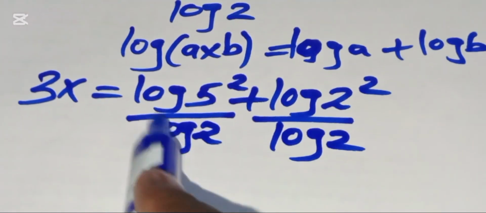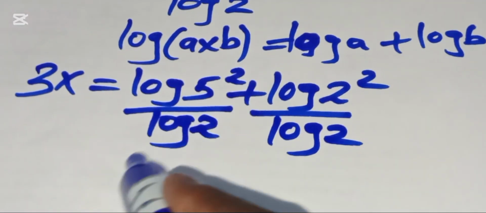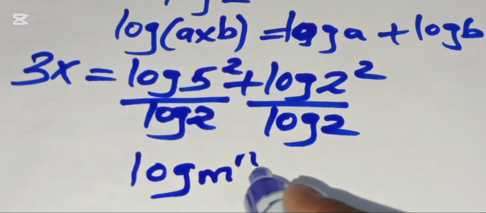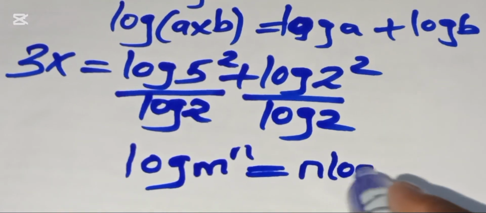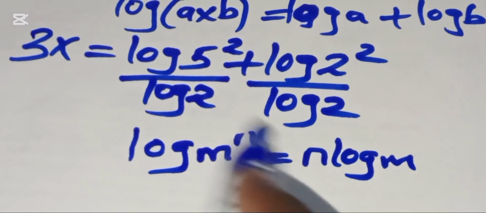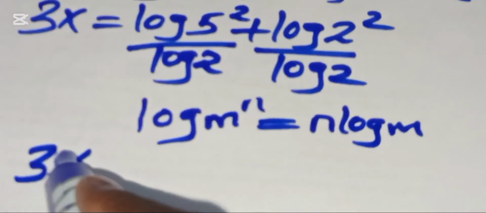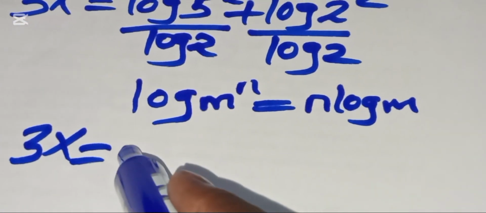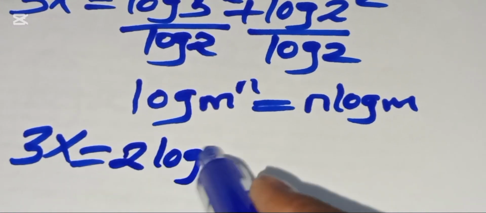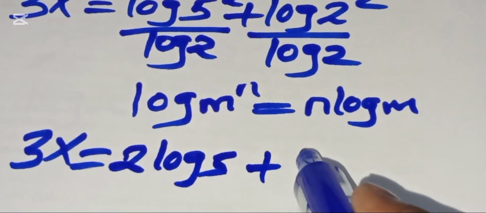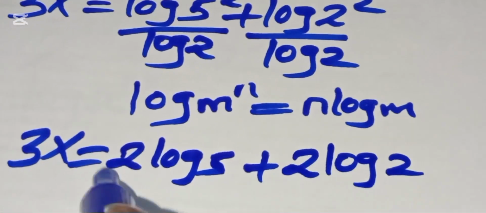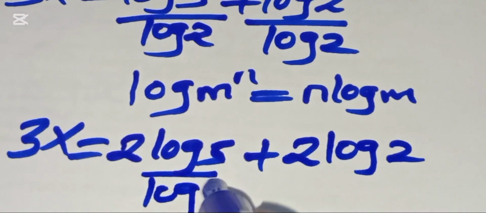Now, log 5 squared, applying the power rule property, log m raised to power n can be expressed as n log m. Let's apply this property. So we'll have 3x equal to 2 log 5 plus log 2 squared, which is the same thing as 2 log 2, divided by log 2.